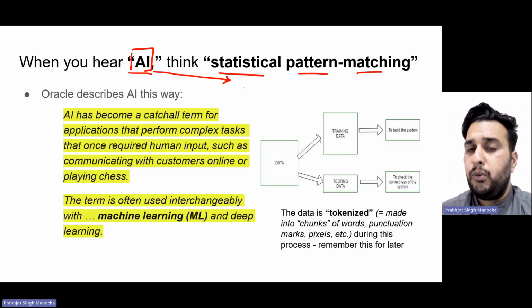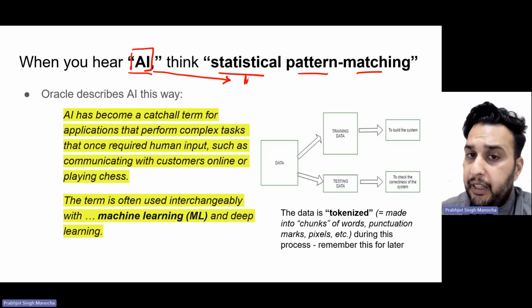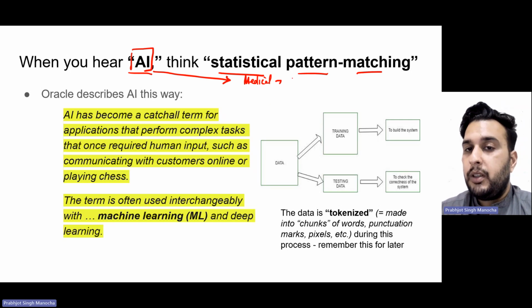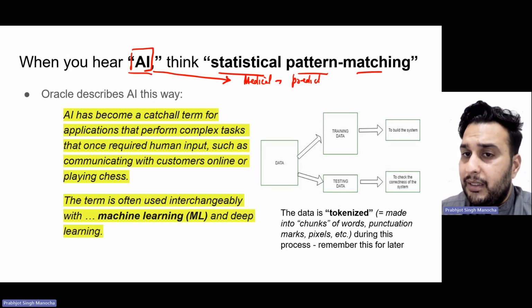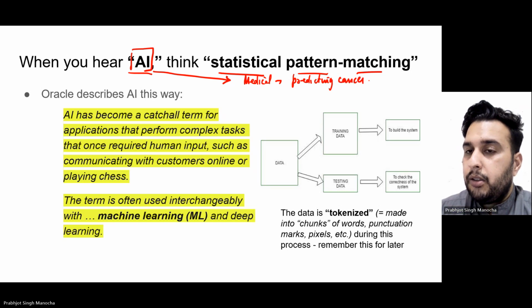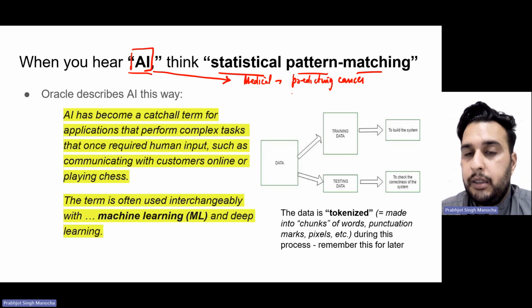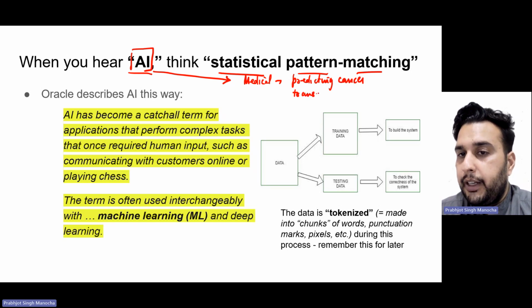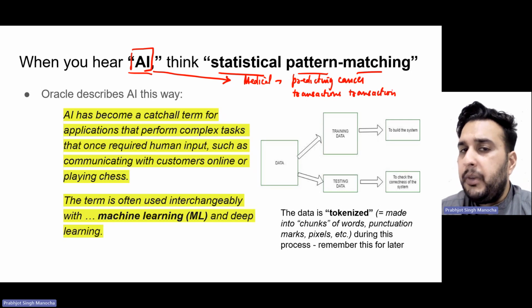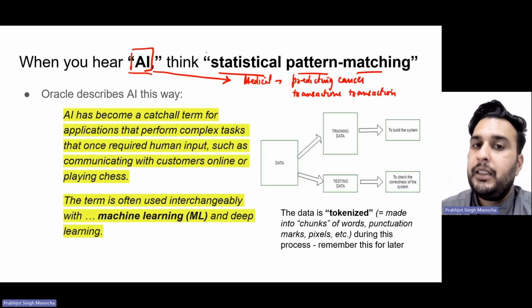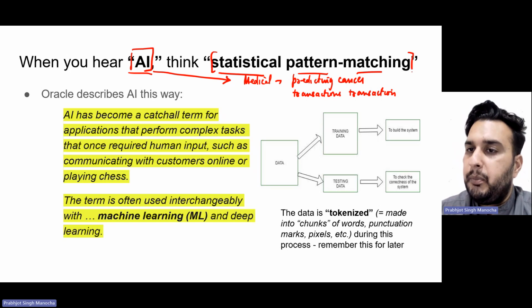It is being used in the medical field as well, like predicting cancer cells, or predicting whether transactions are fraud or not, right? In many such ways AI is being used, but behind that AI, there is statistical pattern matching.